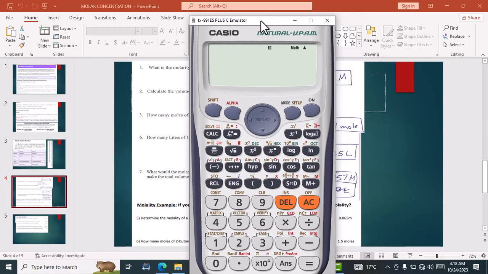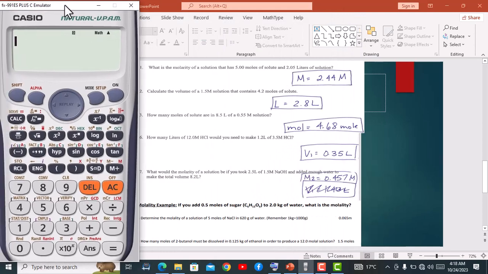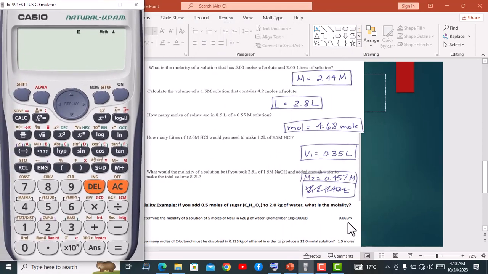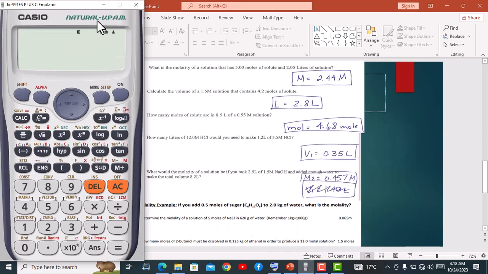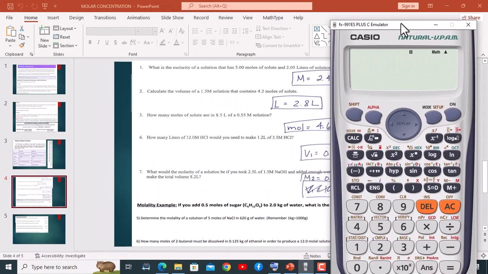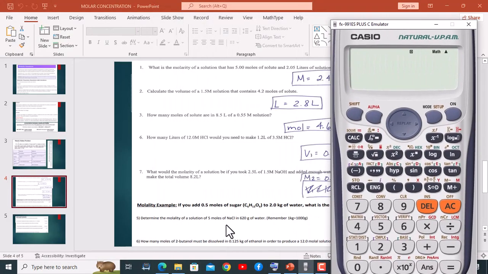Very good. So what we are going to do, just to look into this, so we know they say determine the molarity of a solution of 5 moles. So the number of moles are provided, 5 moles of this. So what I'm going to do, first of all, I'm going to convert this into kilograms.